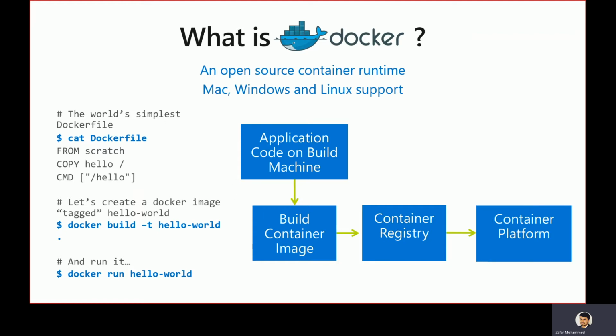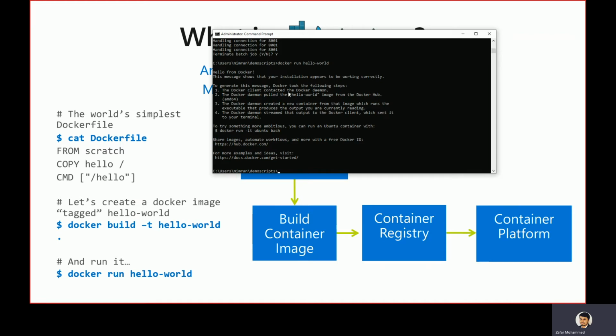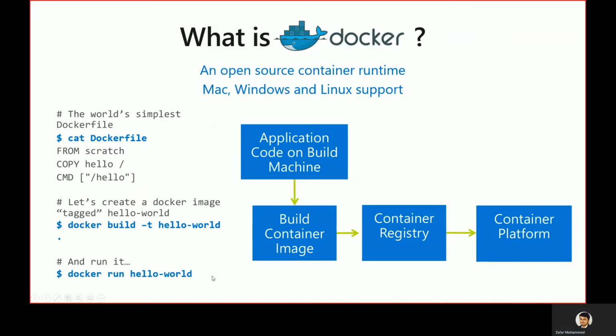It's getting the image on my local machine, running it, and it ran successfully. So this hello world image that I ran is there on the Docker Hub public container registry, which they have put there as a sample image to run on your machine, just as an example, right?